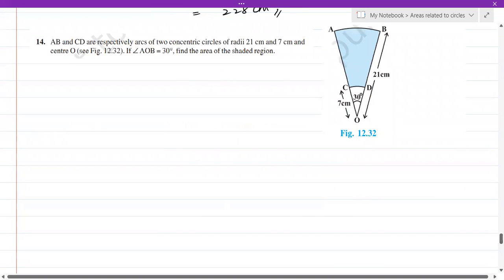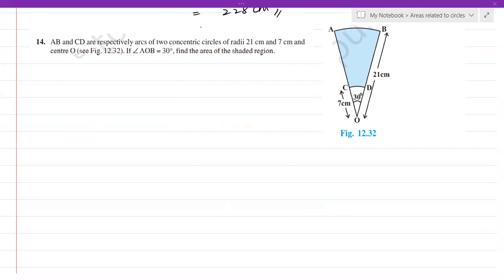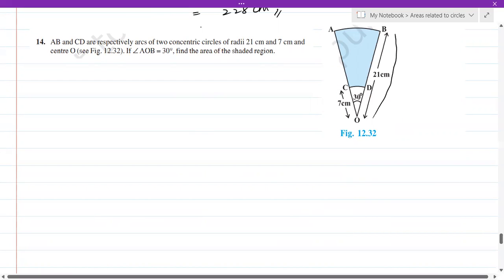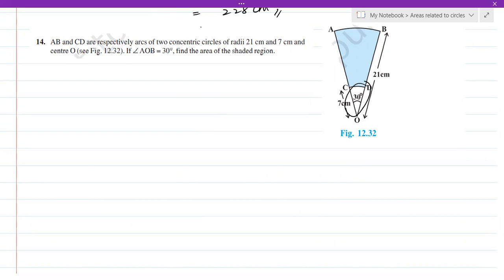So in the next question, this is actually a similar question which we have already done. So basically we have got two sectors here. Okay, one is ABOA. Start from A and end up at A, or you can start from O. Okay, this bigger one, OBAO. This is a bigger sector. Inside that we have got a smaller sector. So bigger sector minus smaller sector gives us the answer. Okay, so area of shaded region is equal to area of big sector.